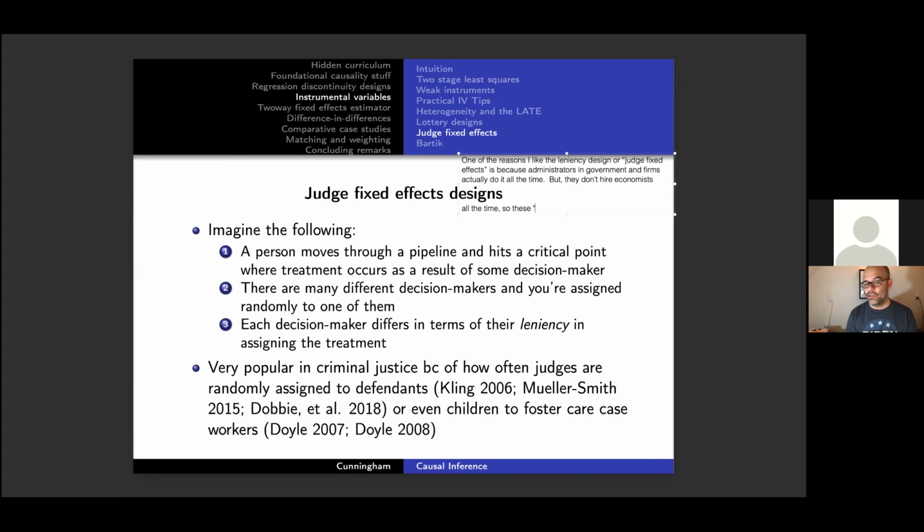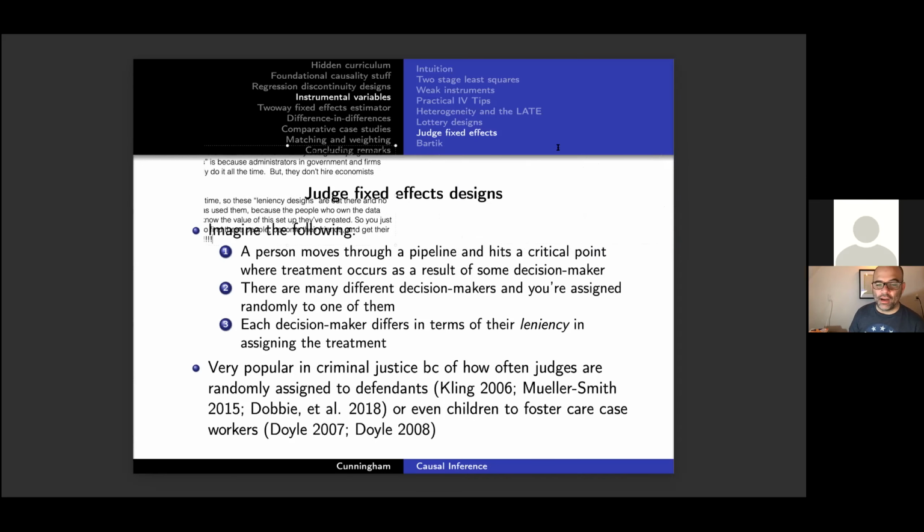So these leniency designs are out there and no one has used them because the people who own the data don't know the value of this setup they've created. So you just need to find these people, become their friends, and get their data. That's what you got to do.